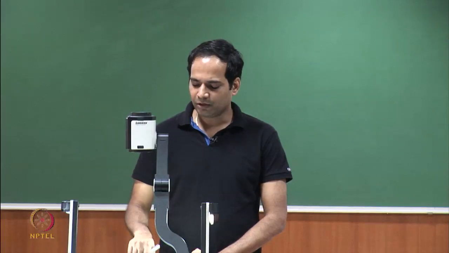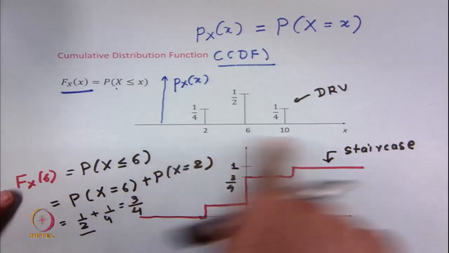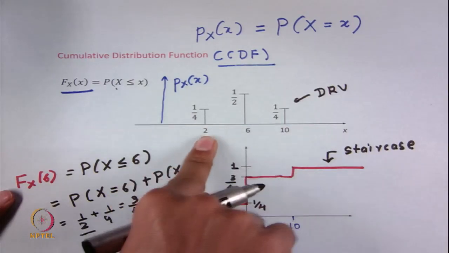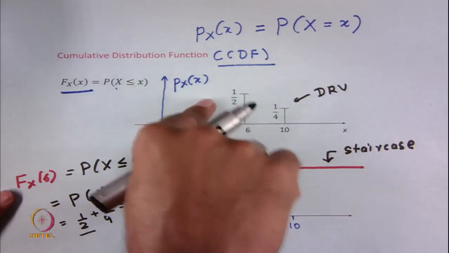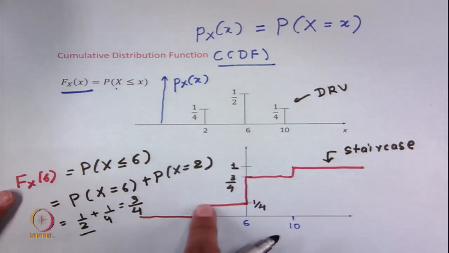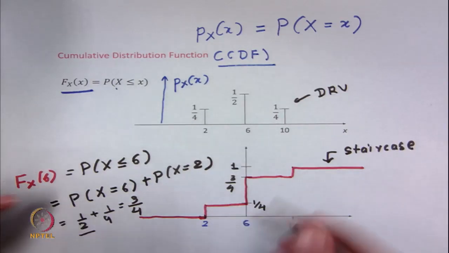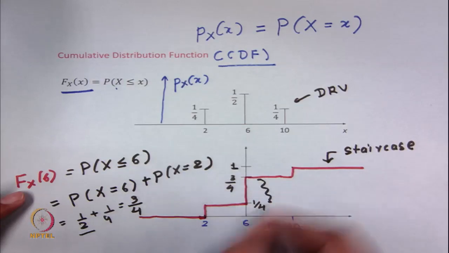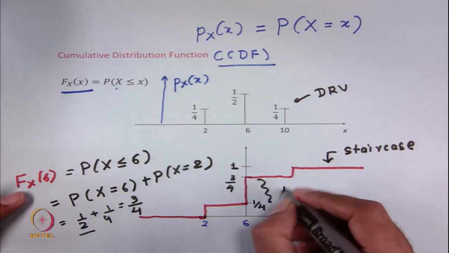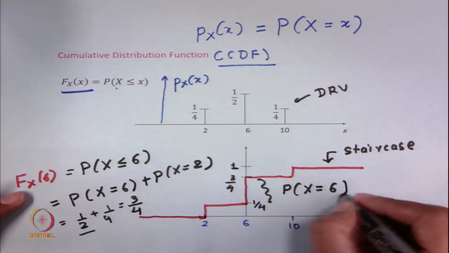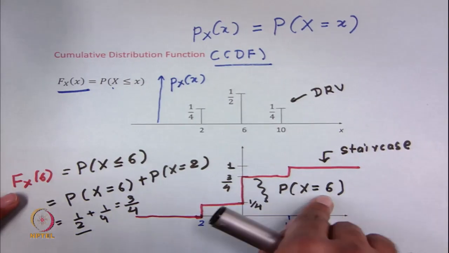Because a discrete random variable takes only a countable number of elements, and at each numerical value it has a finite probability, and at that point this probability adds. So, the amount of discontinuity that you see here is the probability that the random variable takes the numerical value 6.